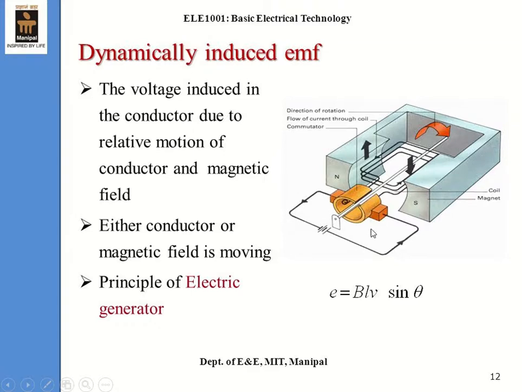Such EMF is known as dynamically induced EMF. Either the conductor moves in a stationary magnet, or the magnet rotates within a stationary coil. An example of dynamically induced EMF is the electrical generator. All generators work on this principle, because in a generator either the coil or the magnet is moving.